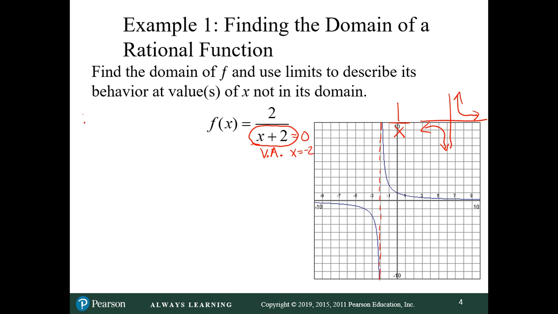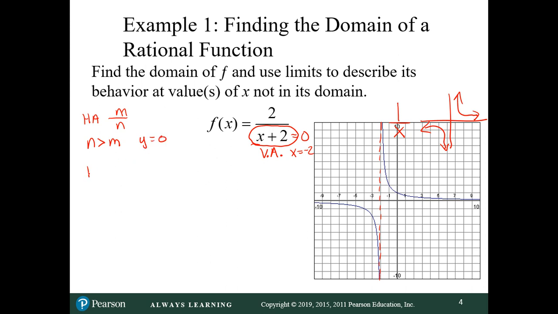So what happens for a horizontal asymptote is when the numerator, let's call it m, and our denominator n, when n is greater than m, okay, this is the highest power of each, then our horizontal asymptote is y equals 0.